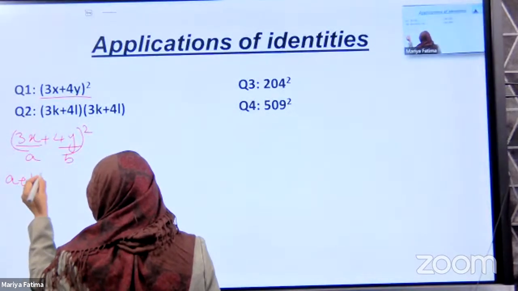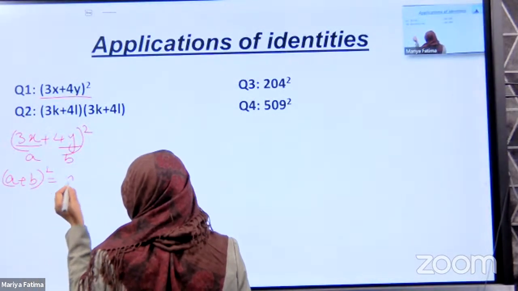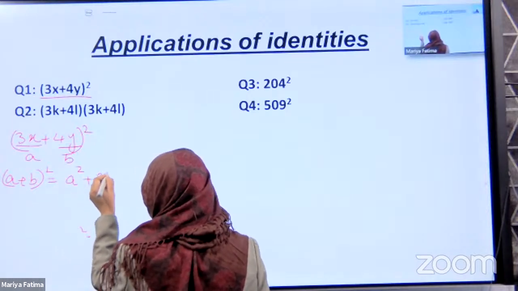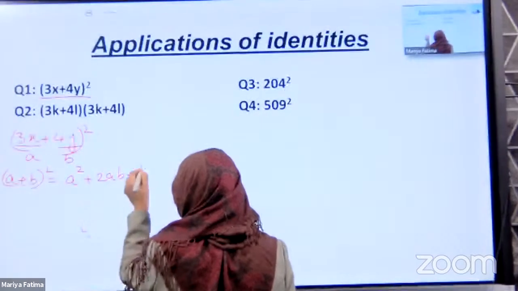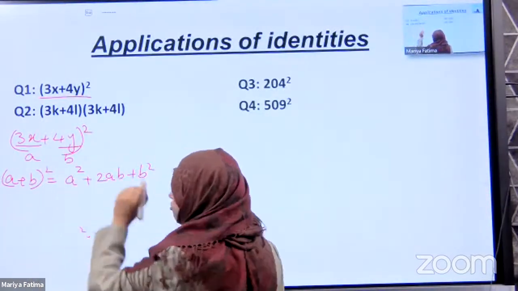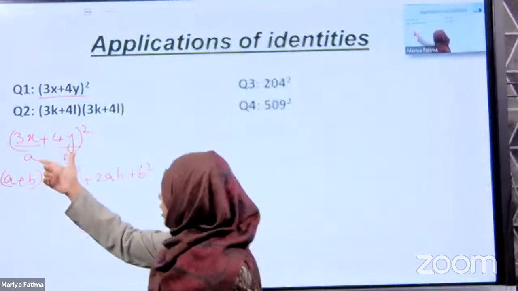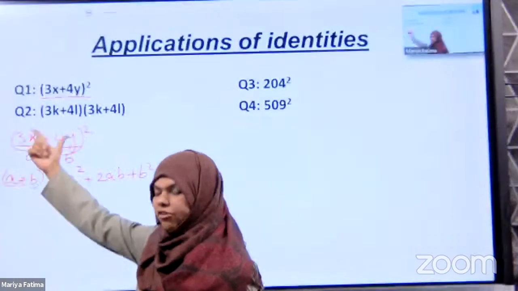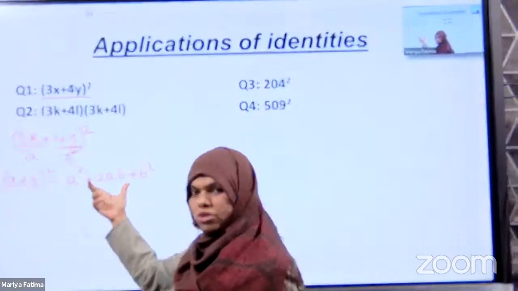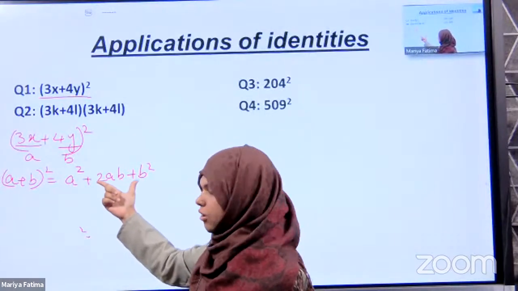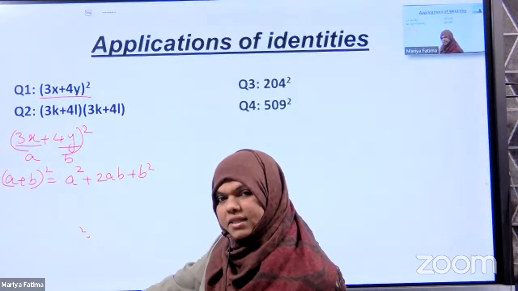A plus B whole square is equal to A square plus 2AB plus B square. Now A value is 3x, B value is 4y. Now we can substitute the A value and B value in this and we will get the answer directly.